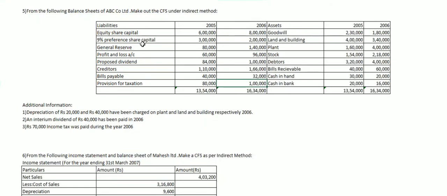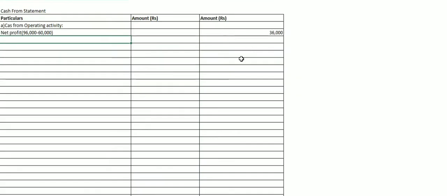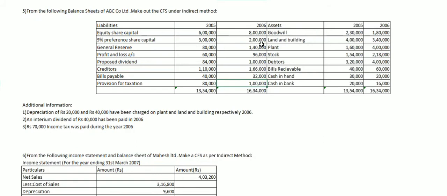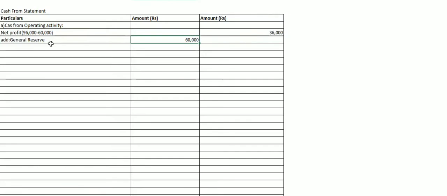So your general reserve, we have general reserve. So you will add your general reserve. So your general reserve is 60,000. How do you get the 60,000? Basically 1,40,000 minus 80,000.